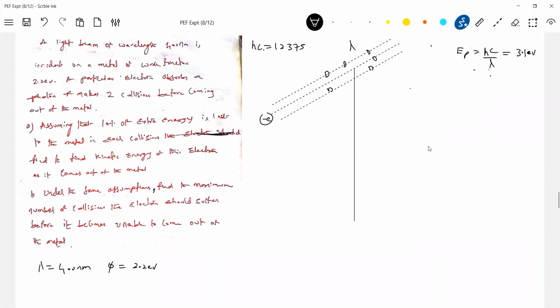Now what is the condition given? The particular electron will get this much energy. Now, is all this energy going to be utilized? First, what will happen? After getting this 3.1 electron volt, the electron will start moving. It will encounter one collision, and after the collision it will move again, then one more collision.